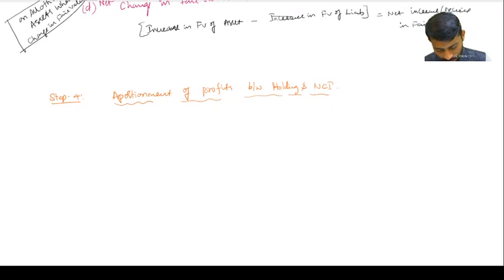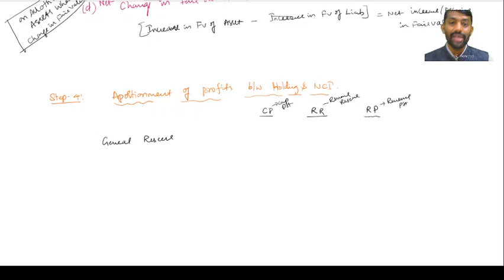First, we analyzed the general reserve. What category would we have classified it into? Either capital profit, revenue reserve, or revenue profit. Pre is always capital profit.